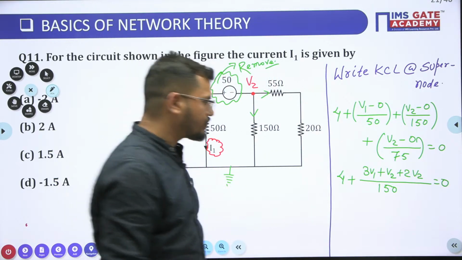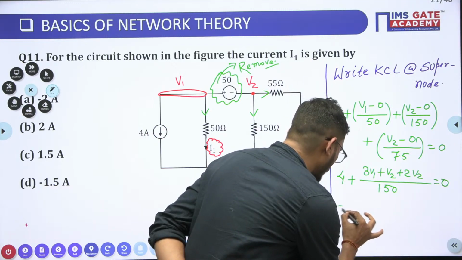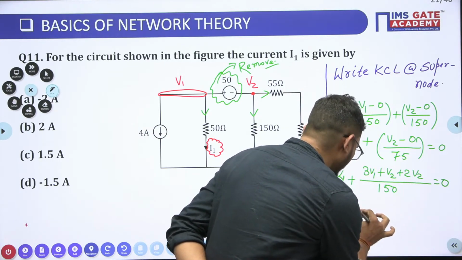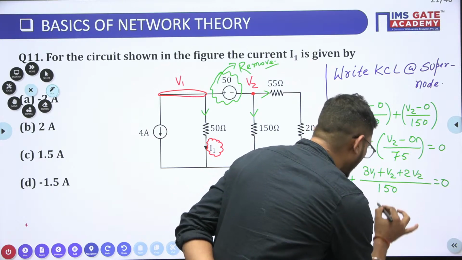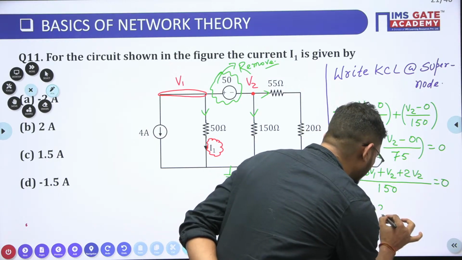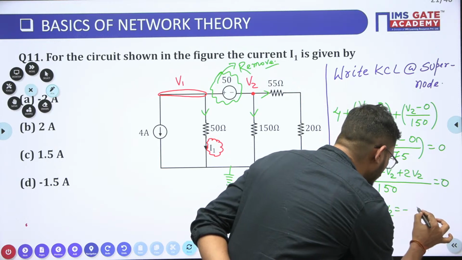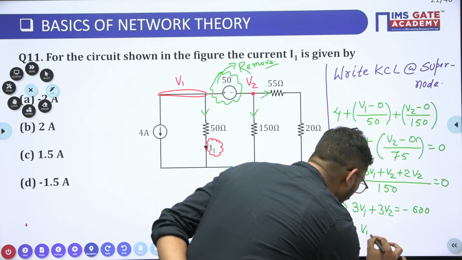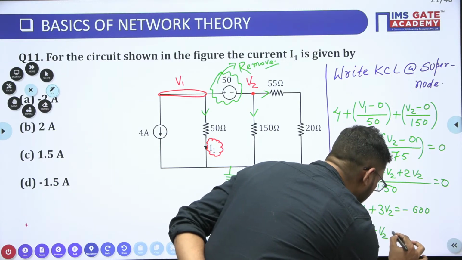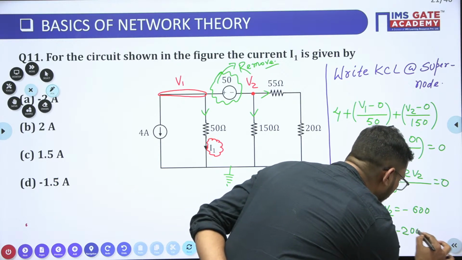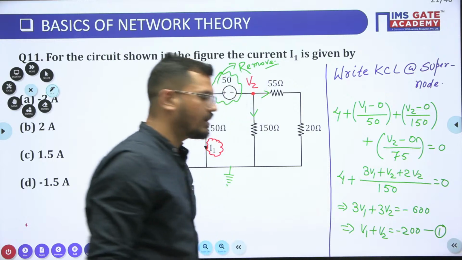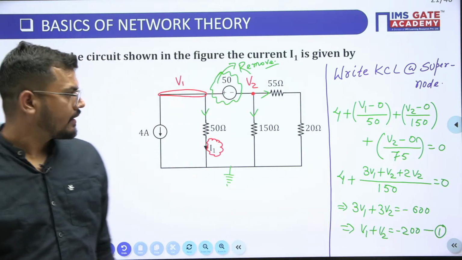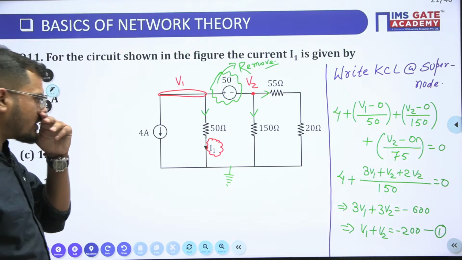So this is 3V1 plus 3V2 equal to minus 600. So we can write V1 plus V2 equal to minus 200 only, and this is equation 1. Is this correct, yes or no? Respond please. Okay, so this is the first equation, guys.